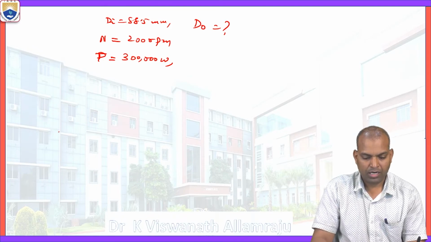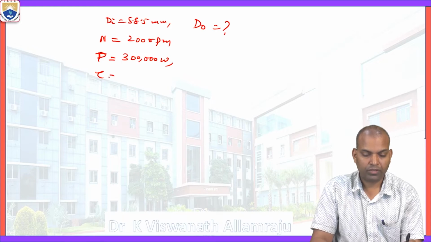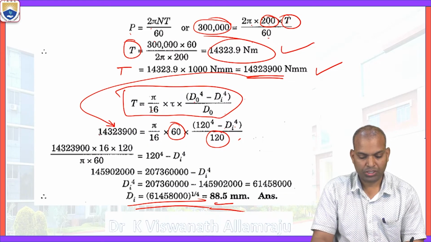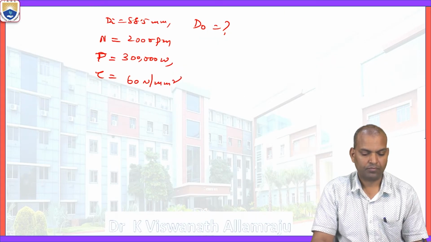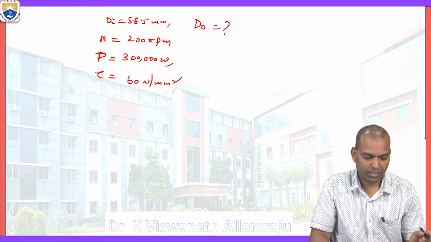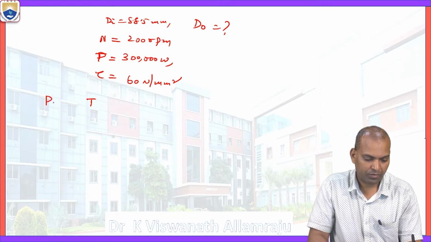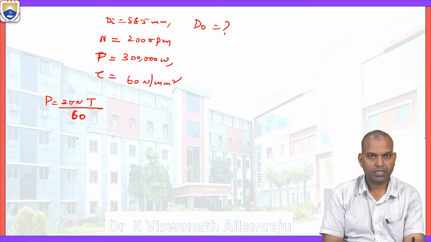And one more thing, the data given: tau equal to 60 Newton per square millimeter. So how to start? How to find out the outer diameter of the shaft? Let us begin by calculating the torque T. Power P equal to 2 pi N T by 60.